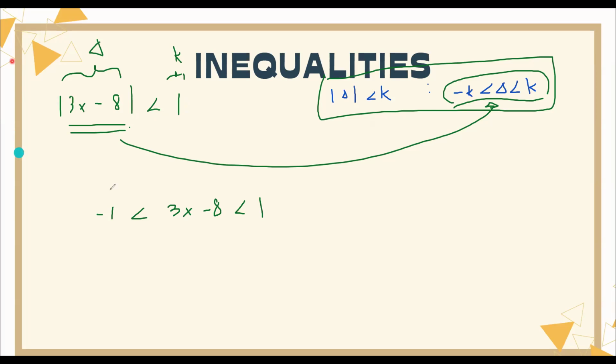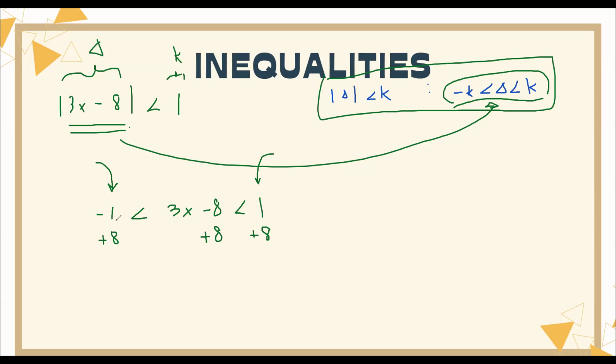So let's continue. Let's solve. We have negative 1 is less than 3x minus 8 is less than 1. So of course, addition property. To simplify this, you have to simplify both sides, left-hand side and right-hand side at the same time. First thing we need to do is cancel the 8 in the middle, so we need to add 8. If we add 8, we add 8 here also and here also.